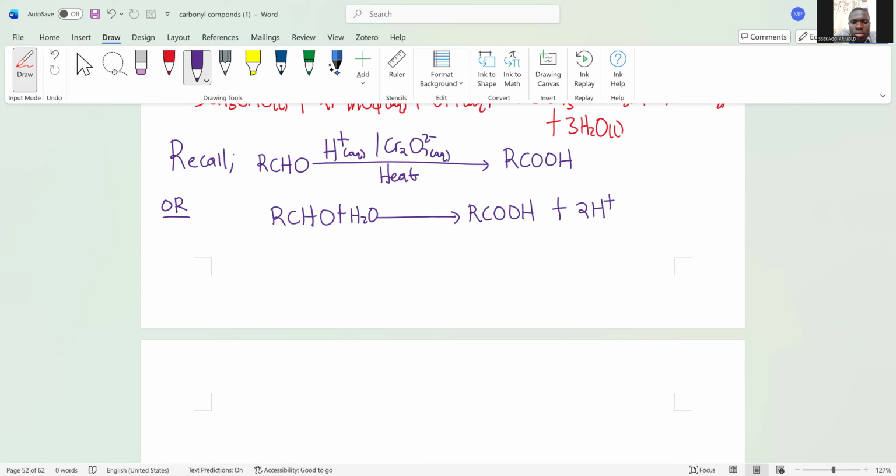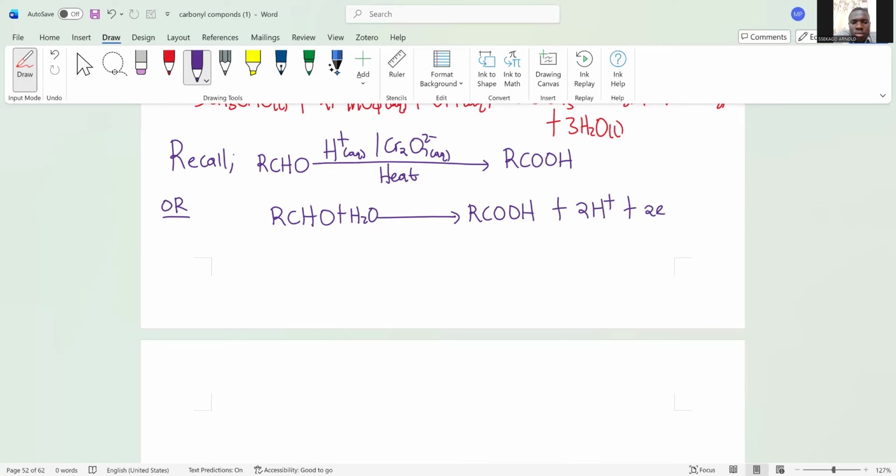Adding 2 hydrogen ions on the right-hand side will mean that I have a charge of +2, but on the left, I have charge 0. Nothing is having a charge on the left. So to ensure that I have charge 0 on the right, I add 2 electrons.